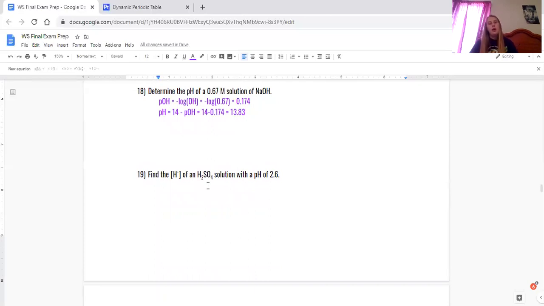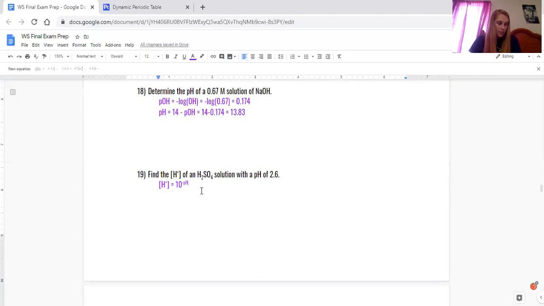Find the hydrogen ion concentration if H2SO4 has a pH of 2.6. So once more, we know our H plus concentration is going to be equal to 10 to the negative pH.